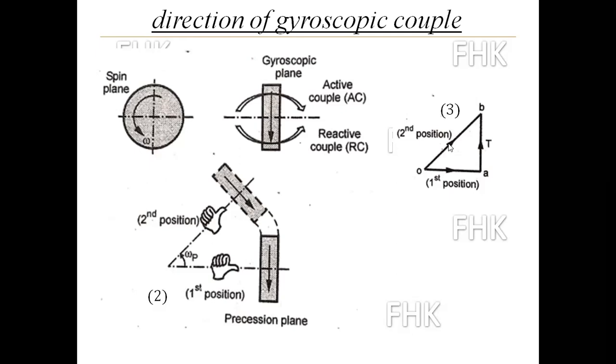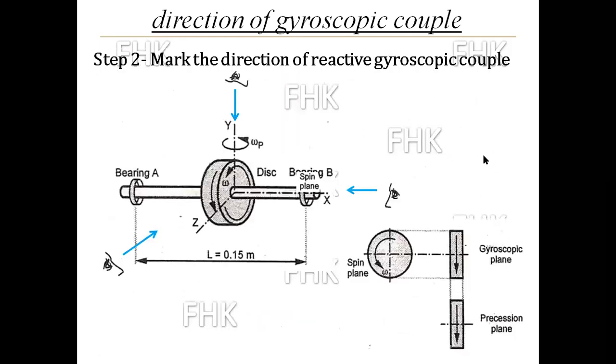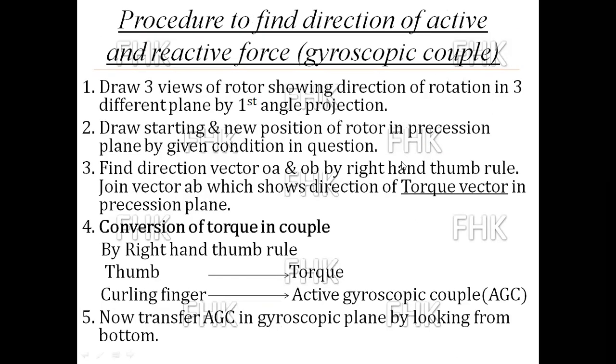O to B. So the resultant vector is A to B, from the first position to the second position. That whole figure you have to draw in the examination. Now the next step: find the direction of vectors OA and OB by the right hand thumb rule, which we have already found out.